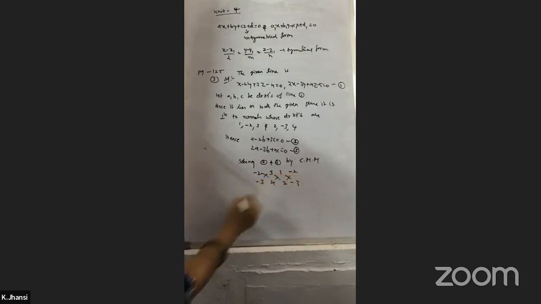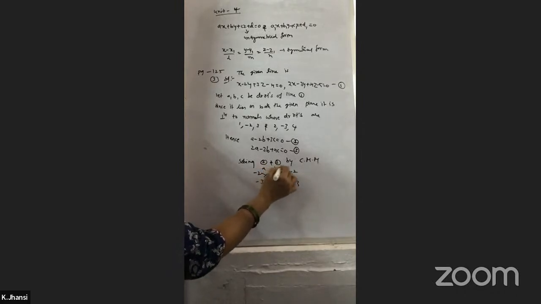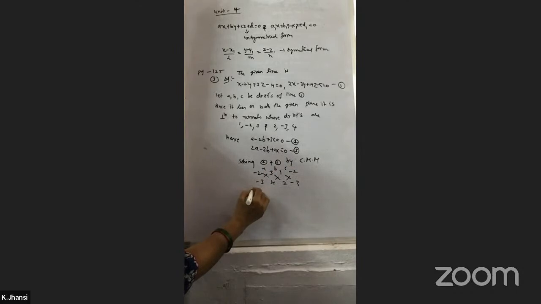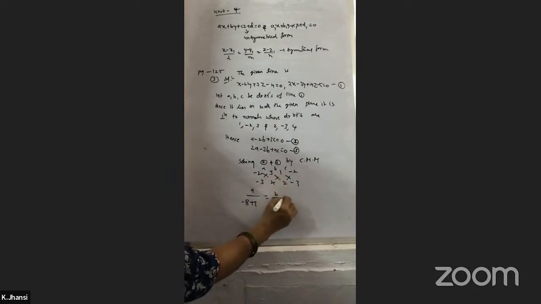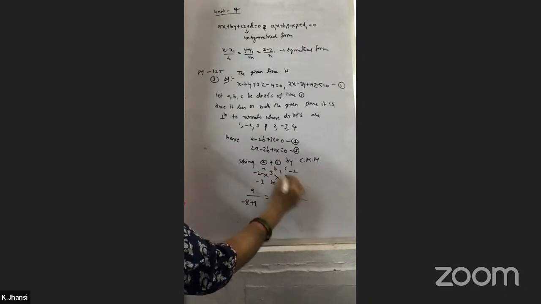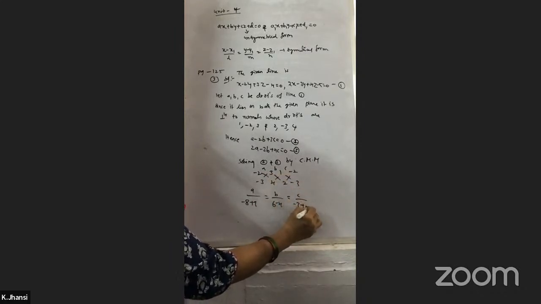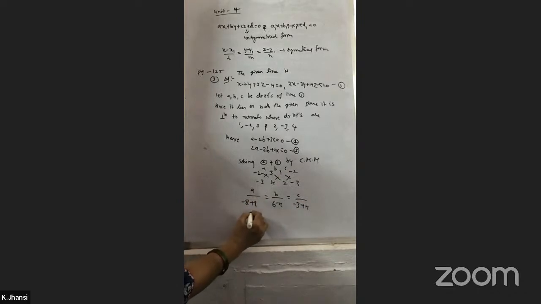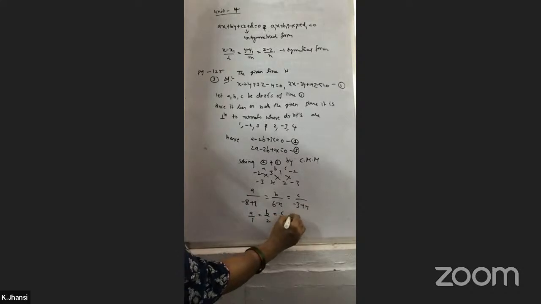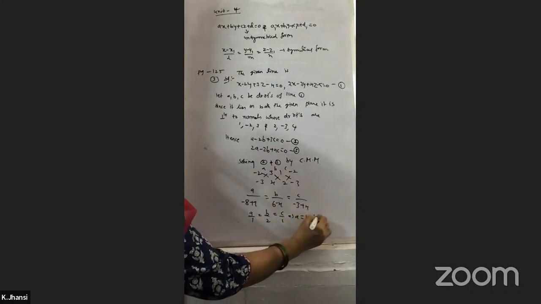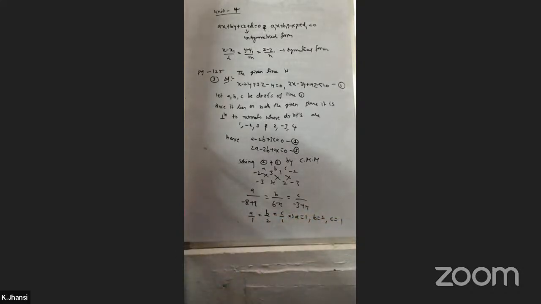If you do the cross multiplication of this is A value, this is B value, and this is C value. That is A by 4 minus 8, this is plus 9, is equals to B by 3 to the 6 minus 4 equals to C by minus 3 plus 4. So you'll get A by 1 is equals to B by 2 is equals to C by 1. Implies A equals to 1, B equals to 2, C equals to 1. Okay. So we got the ABC values.